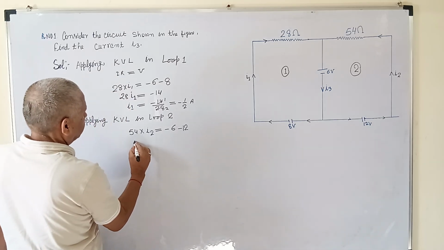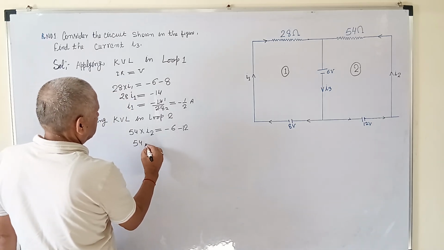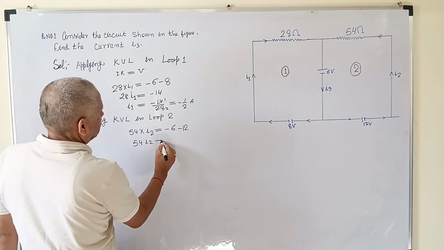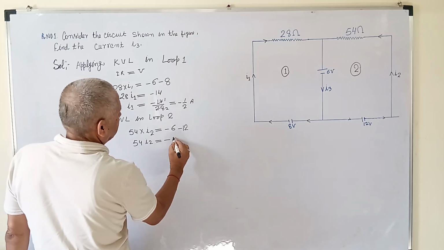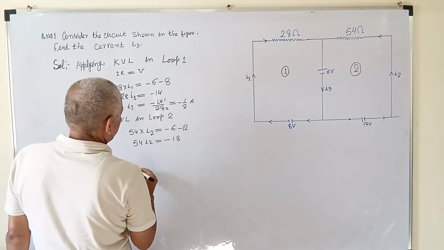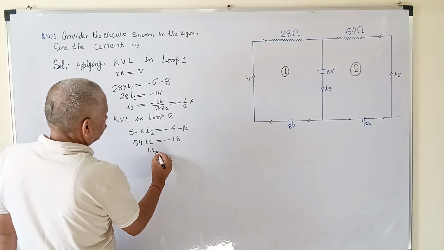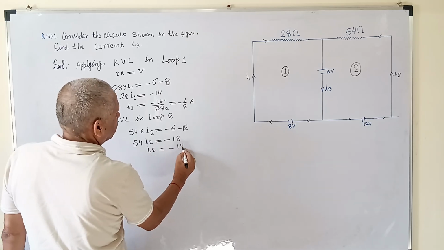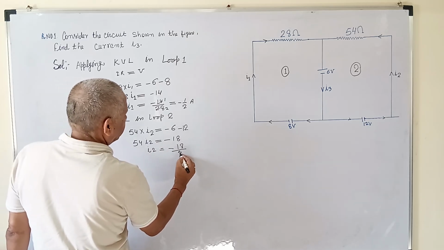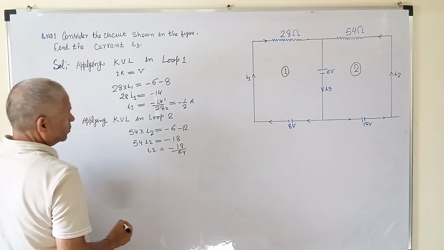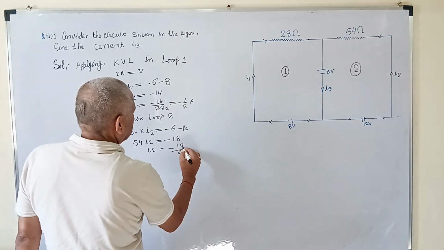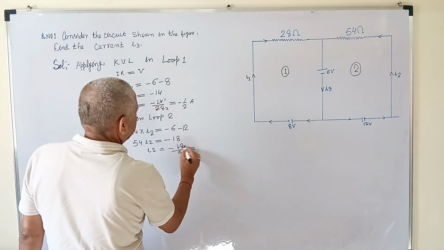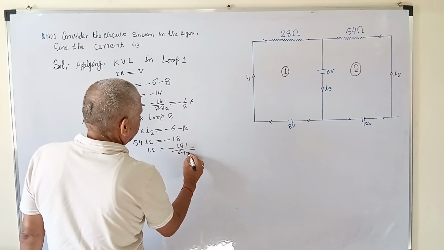So we will get 54 I2 equals to -18 volt, or I2 will become -18 upon 54 equals to 18 1 ja 18, 18 3 ja 54.